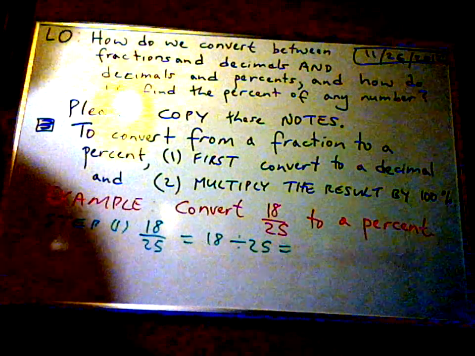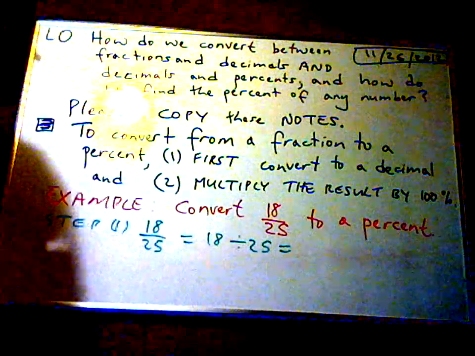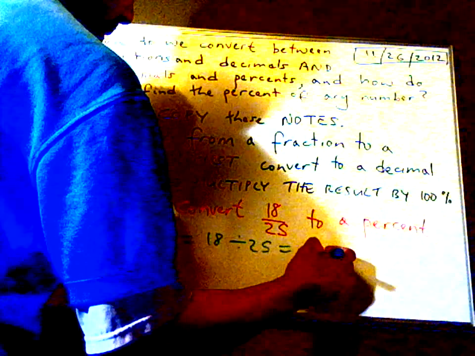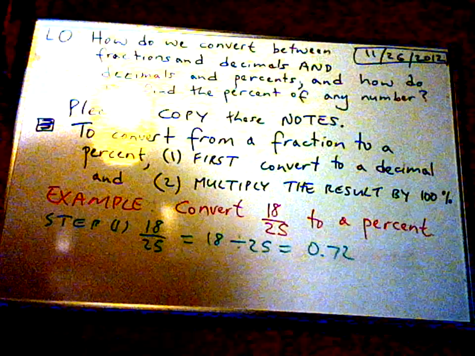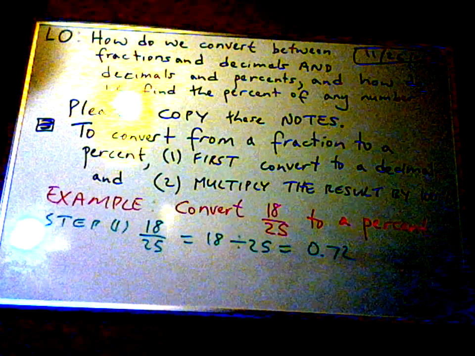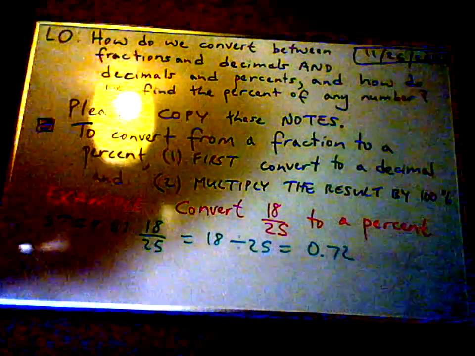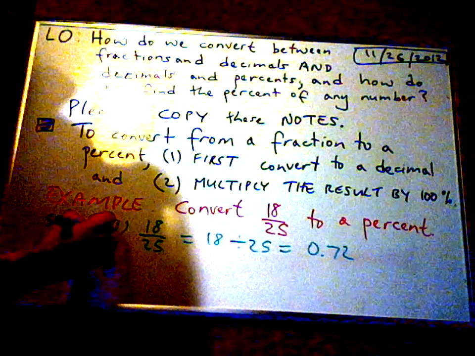If you do 18 divided by 25, you are going to get 0.72, I believe. Let me check that. 18 divided by 25 is 0.72. Yes, I'm correct. So that's step one.